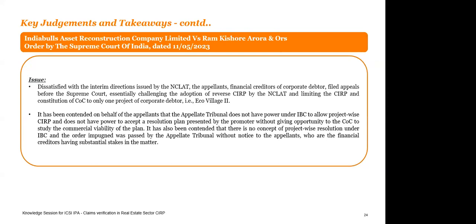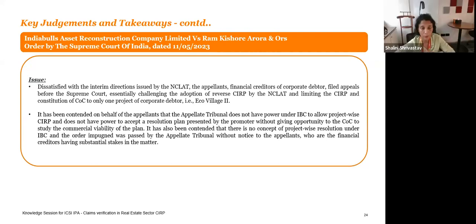So, moving on to summarize the main issues that were there. Dissatisfied with the directions of the NCLAT, the appellants, which are the financial creditors of the corporate debtor, filed appeals before the Supreme Court, essentially challenging the adoption of reverse CIRP or project-wise CIRP by the NCLAT.